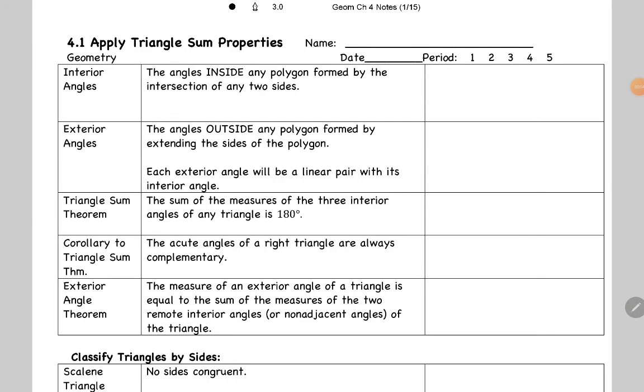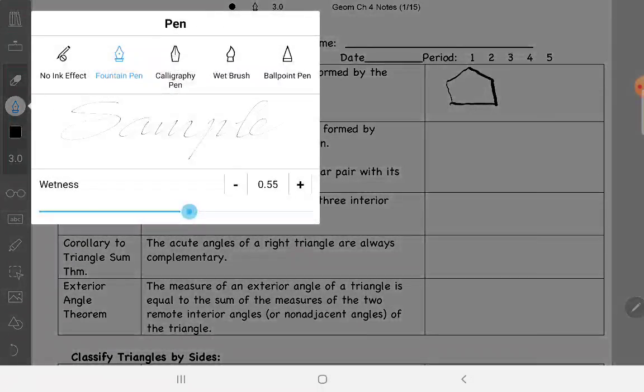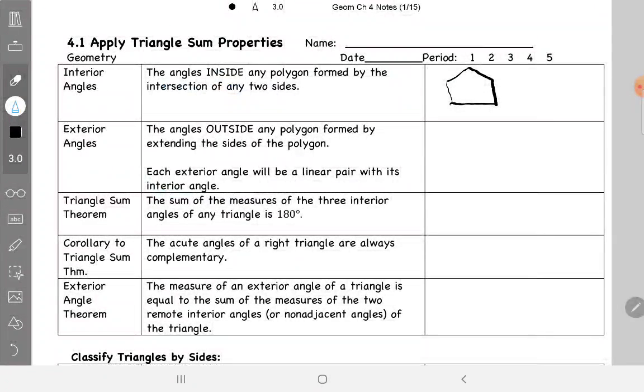We'll be looking at some triangle sum properties, but first we need to learn some vocabulary. Interior angles. So let's have a polygon first. Let's do a pentagon.